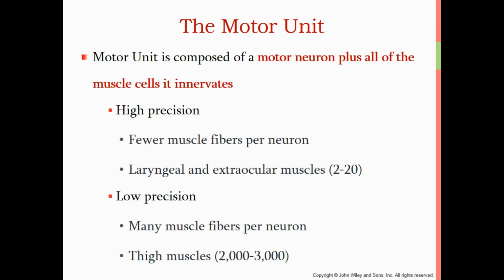A motor unit is composed of a motor neuron plus all of the muscle cells it innervates, or how many it controls. So in different parts of your body, one nerve cell will control a high number of muscle fibers, or in areas where you need high precision, one nerve cell will only control a few hundred or a much smaller number.